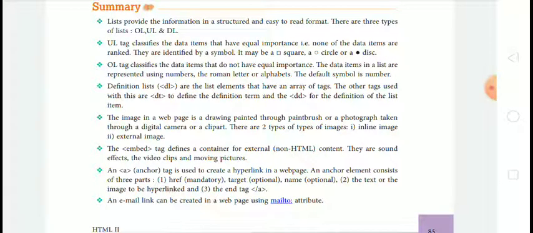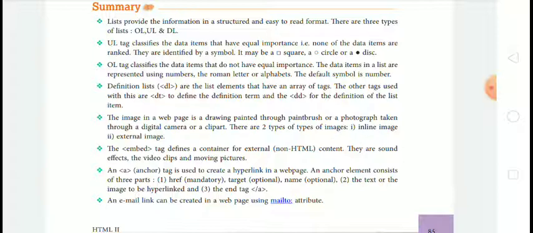Lists provide information in a structured and easy to read format. There are three types of lists: OL, UL and DL. The UL tag classifies the data items that have equal importance. None of the data items are ranked. They are identified by a symbol.